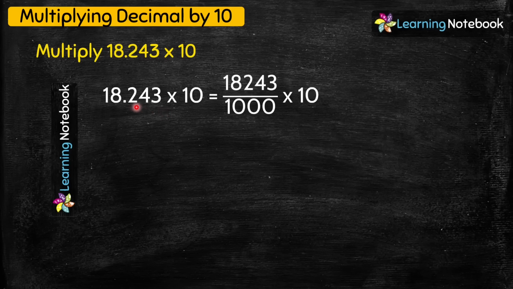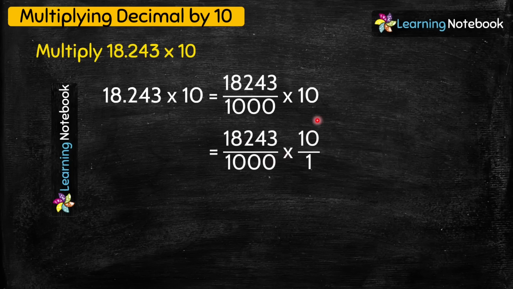We have 3 decimal places in the decimal number. So fraction will be 18243 upon 1000. And 10 can be written as 10 by 1. Now let's cancel 0 by 0. And we get 18243 upon 100.